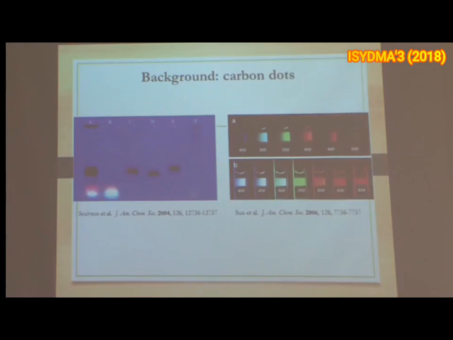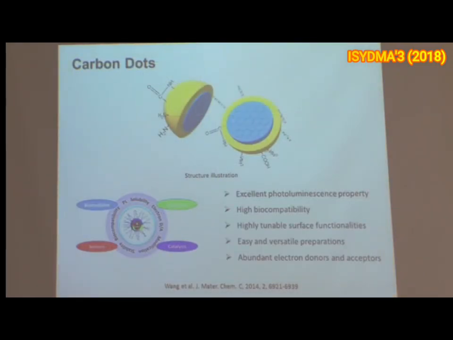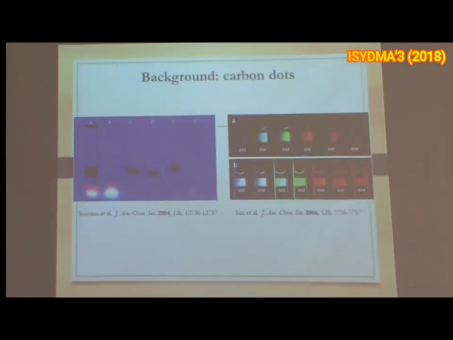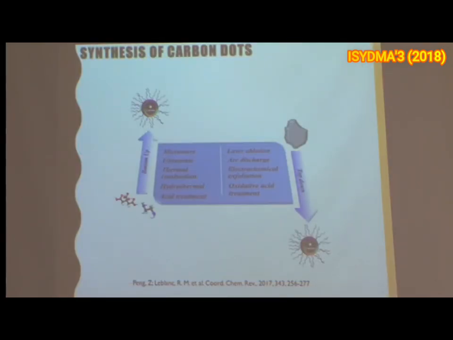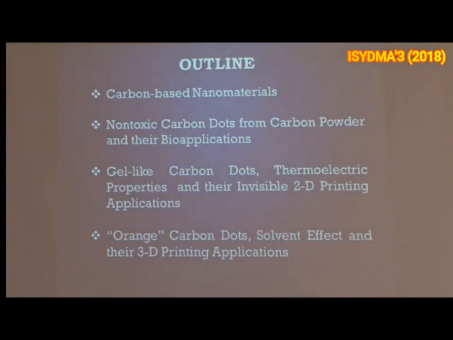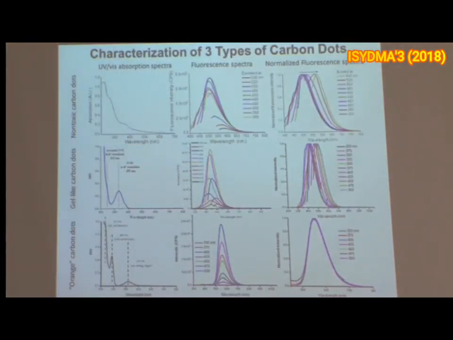So when we excite at different wavelengths, starting, for example, at 300 nanometer, and we increase the excitation wavelength, there is a shift from the blue to the green region.